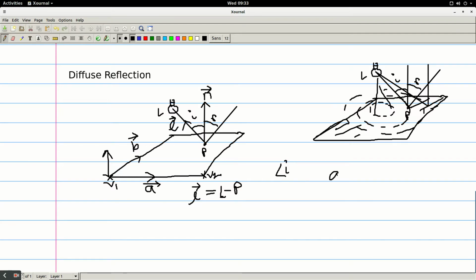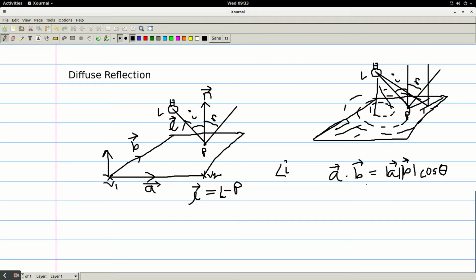See, if we got two vectors A and B, A dot B is... That's a dot product.